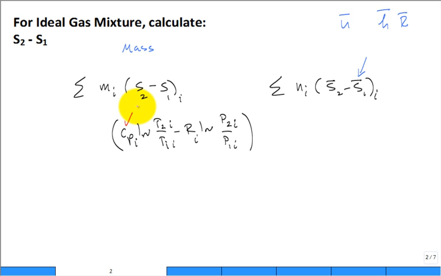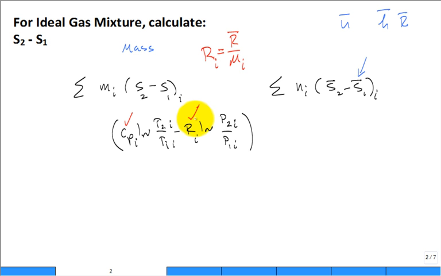Definitely the C sub P for that component makes sense. Definitely the R for that component makes sense, and we recall R is R bar divided by the molar mass of that component.